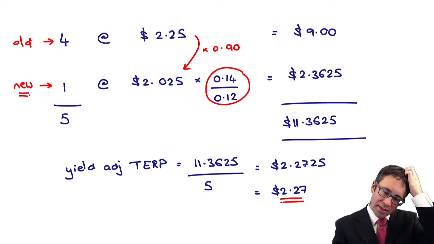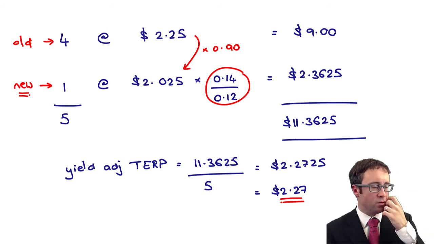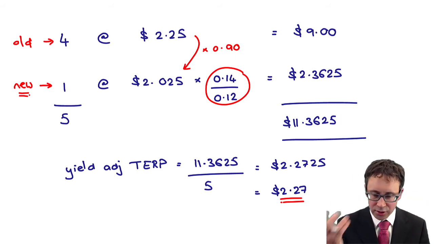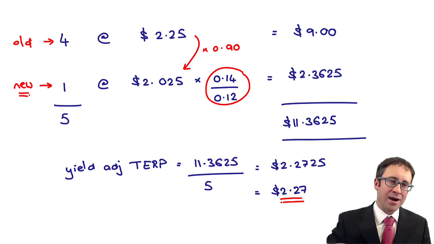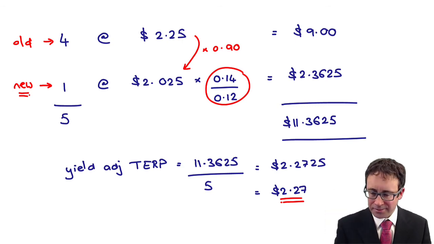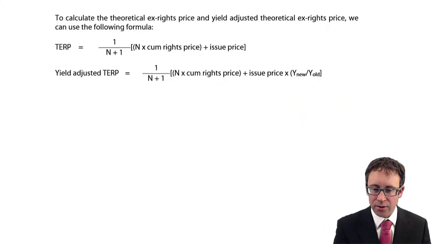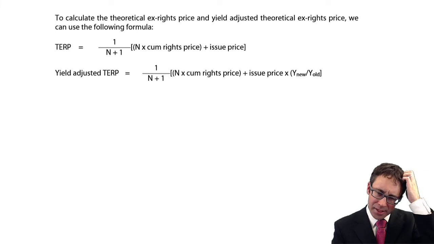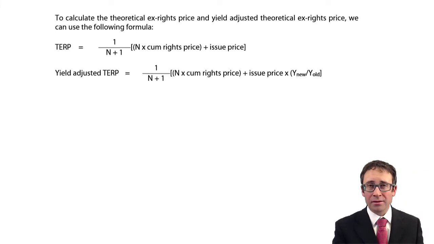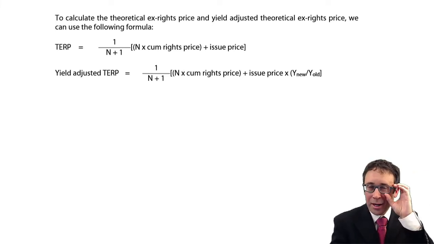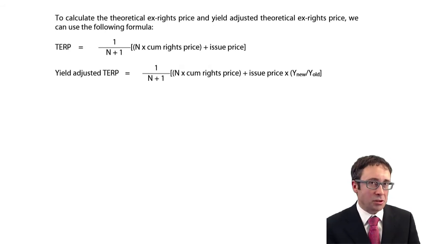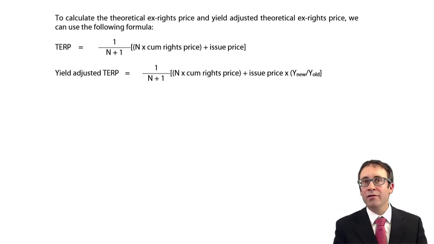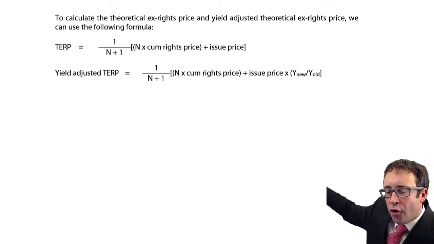Now what you'll see there is, as we've gone through and worked all of those examples for working out the ex-rights price and the yield adjusted ex-rights price, I've laid it out in a consistent manner. If you like formulae, you're an accountant, a management accountant, you like numbers, you'll like formulae, I suppose. You've got formulae up there.